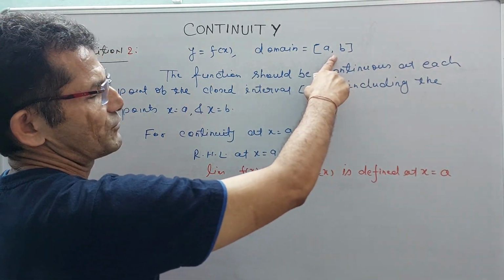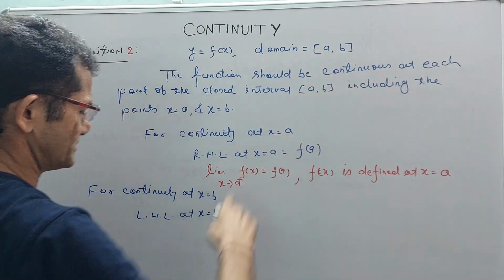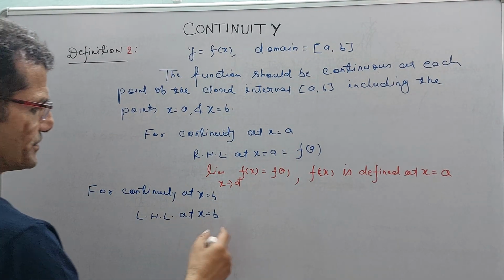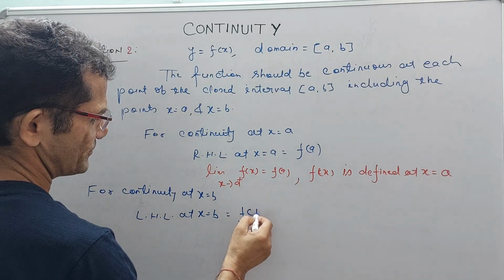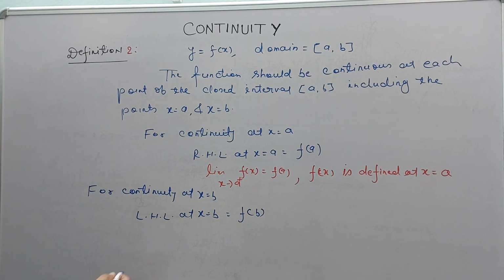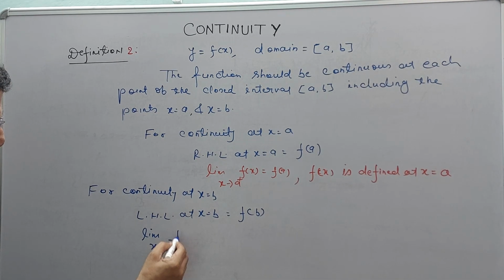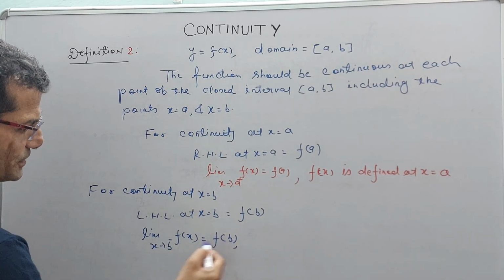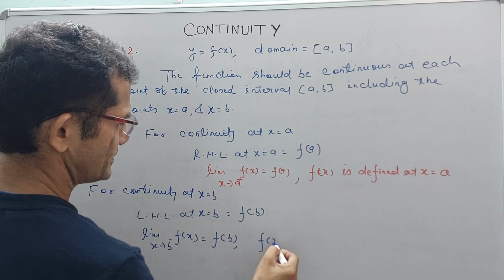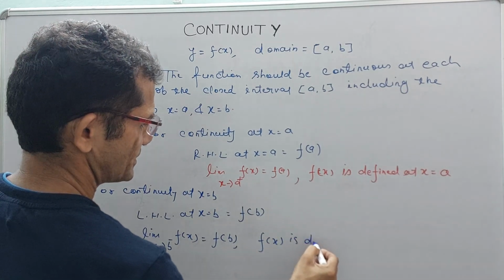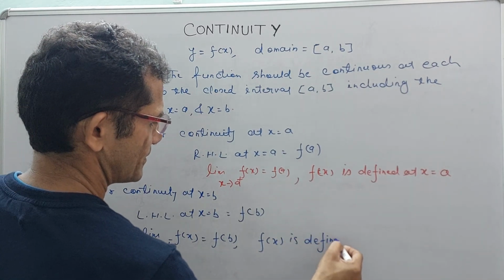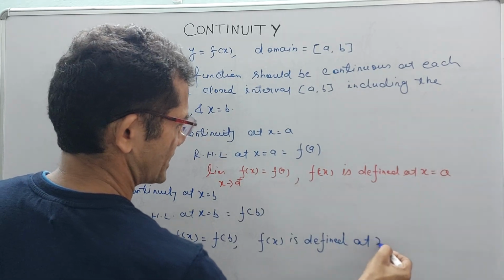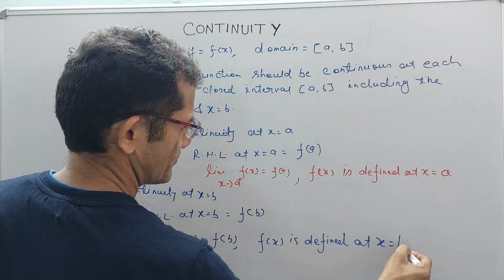So from the left we are inside the interval. So the left hand limit at x equal to b is equal to the functional value. In the language of limits, limit x tends to b minus of f(x) is equal to the functional value. Also f(x) should be defined at x equal to b.